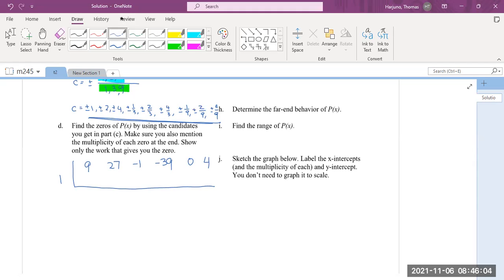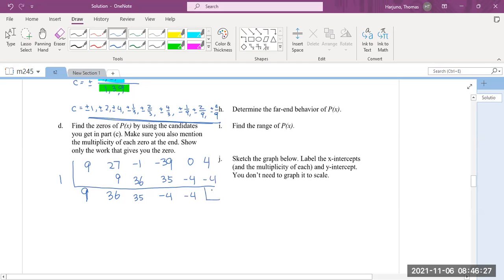We know 1 is a 0. So let's try to divide by x minus 1. So 1 is a 0, therefore x minus 1 is a factor. Now we use that x minus 1 as a factor.